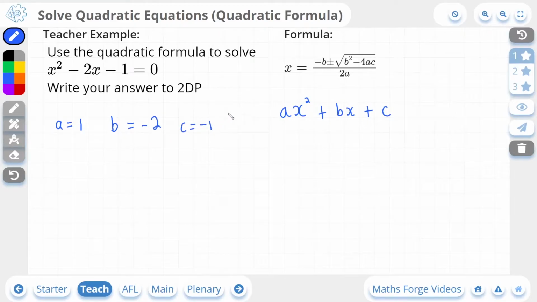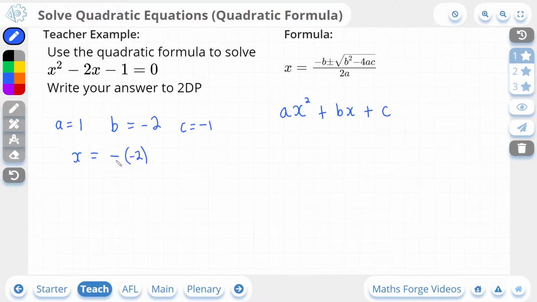If you input these values into the quadratic formula correctly, you should get your answers for x. So let's see what that looks like. Here I have x is equal to minus b. So I'm going to put a minus, and where there's a b, I'm going to replace it with brackets and the substituted value for b, which is negative 2.